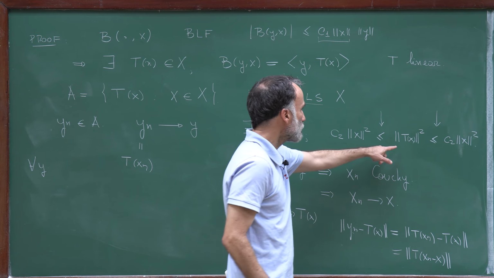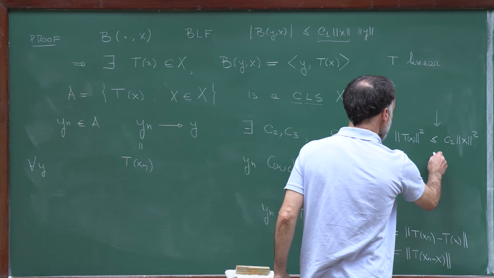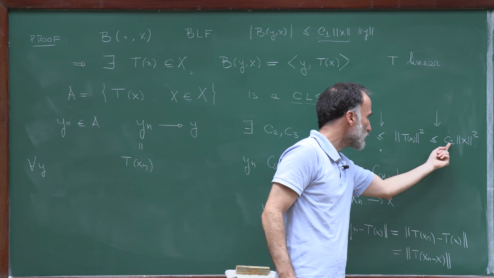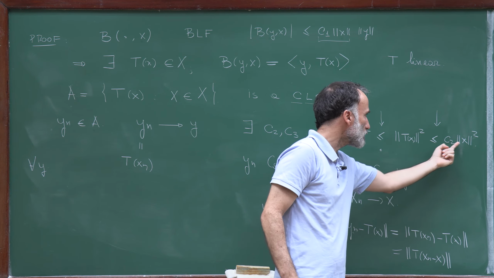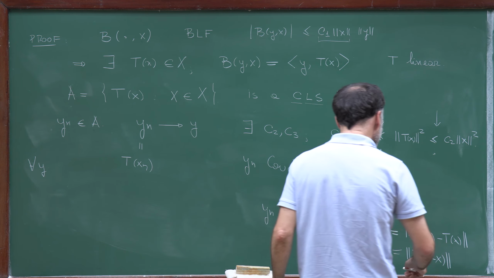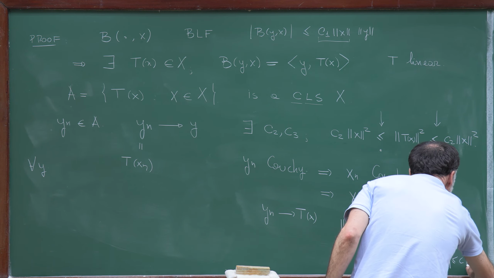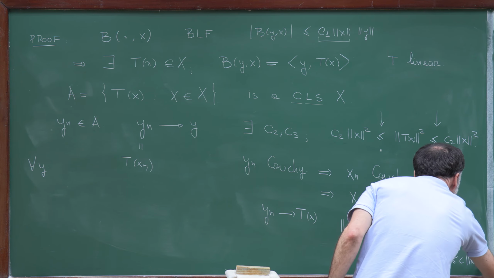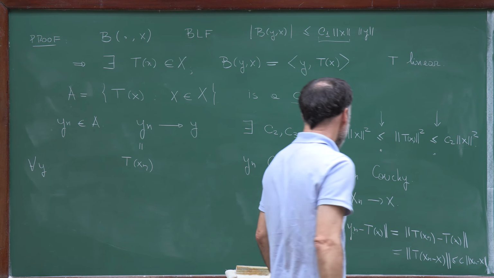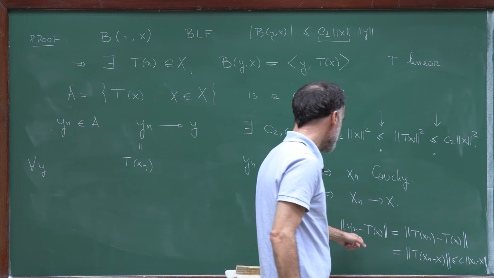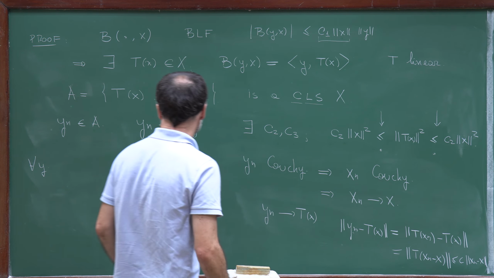And now we can use the second inequality: the norm of T of xn minus x is bounded by a constant times the norm of xn minus x. But xn is converging to x, therefore this is converging to 0.